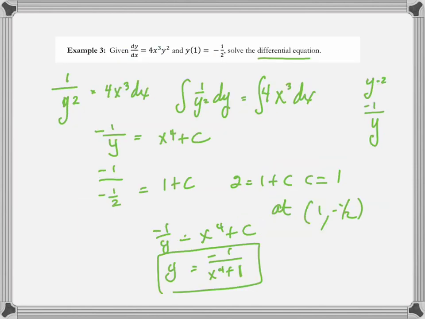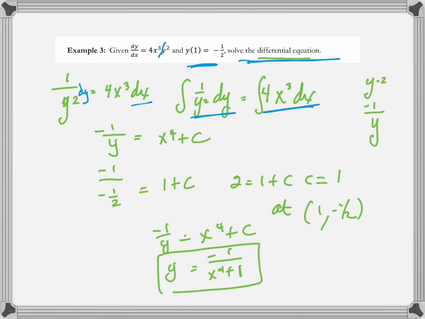Let's move on. Example 3 is just wanting you to solve the differential equation with this initial value. So we see we have multiplication, so we can split it up: 1 over y squared dy equals 4x cubed dx. Take the integral of both of those. The antiderivative of 1 over y squared is negative 1 over y.